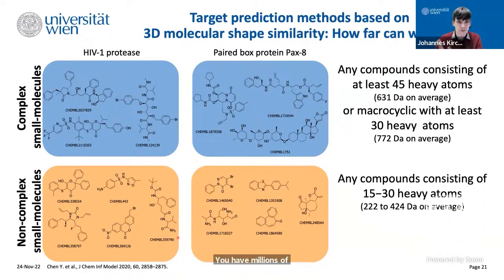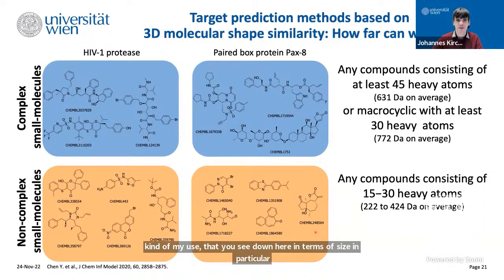And you could use these databases to build models that allow you to predict the bioactivity for your compounds of interest. Now, the vast majority of these compounds are simple compounds. They are what you would generally consider drug-like compounds, the kinds of molecules that you see down here in terms of size in particular.